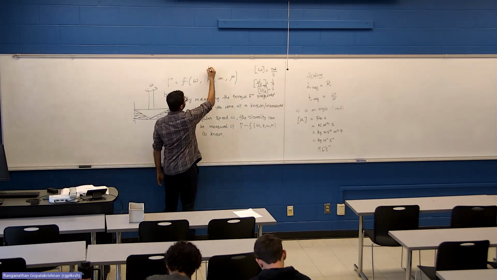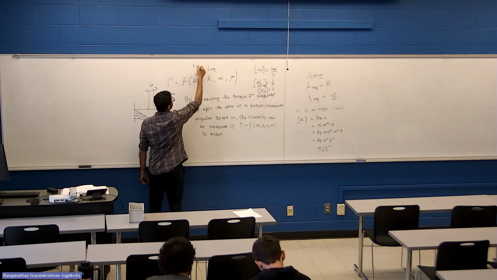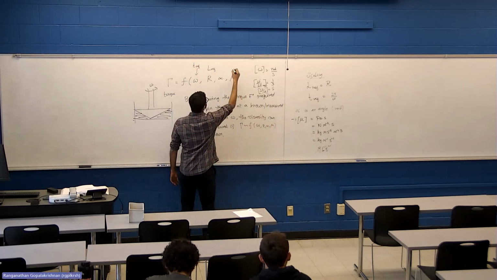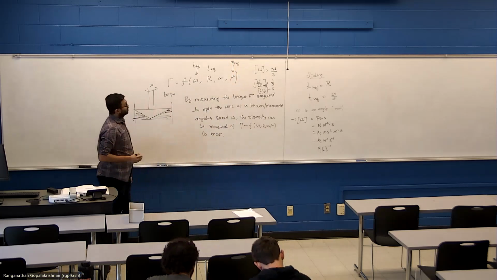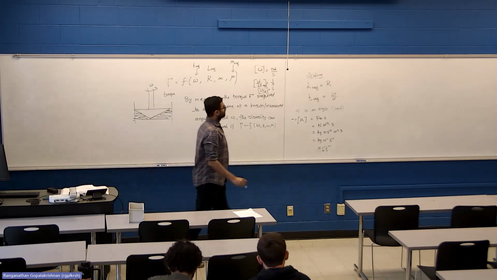So one of them is your reference length. The other gives you a reference time, and mass is contained only in viscosity. So this can yield you a reference mass. How can it yield you a reference mass?